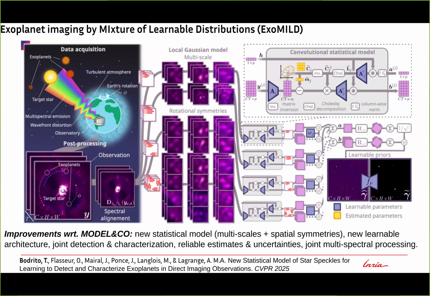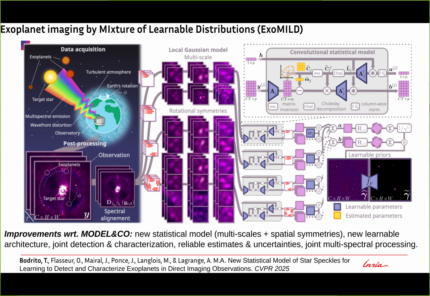Cool. So that's the next work, which is named ExoMIDE. What we have seen is that statistical models are good for characterizing sources, so determining the flux and the position accurately. But it's not the best tool for the detection.